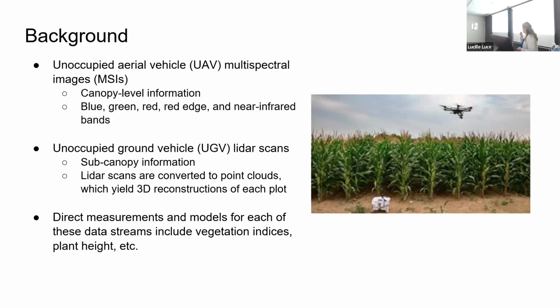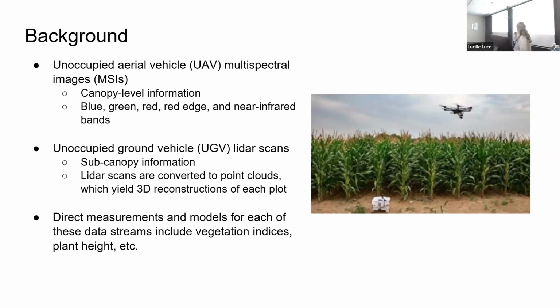So here I'm going to focus on two such sensors and platforms. The first is a multispectral camera, which has been deployed on unoccupied aerial vehicles, so the drone pictured there. The camera that we are using captures 5 different bands and allows us to capture canopy level spectral information.